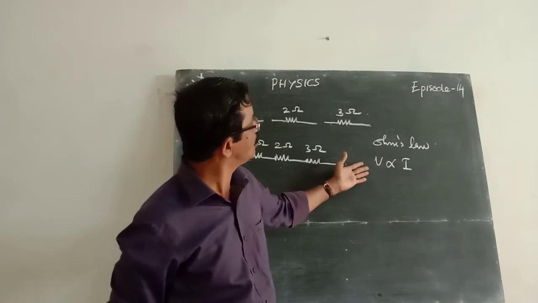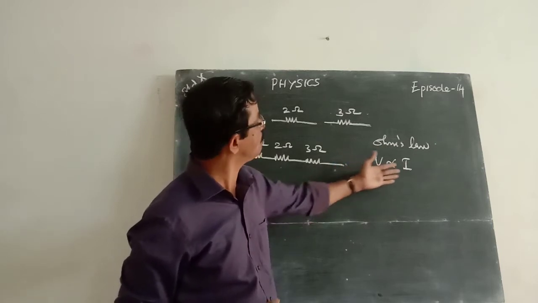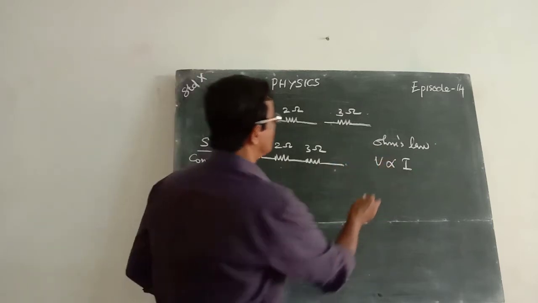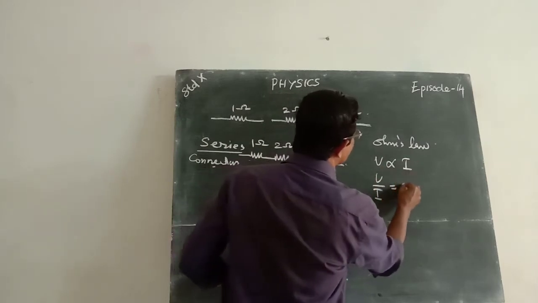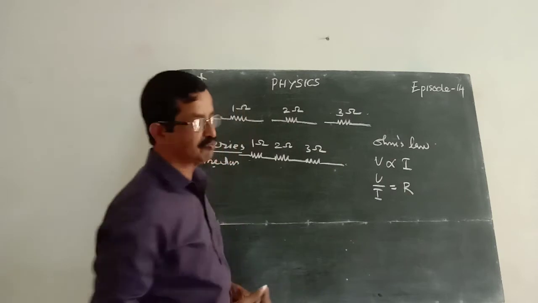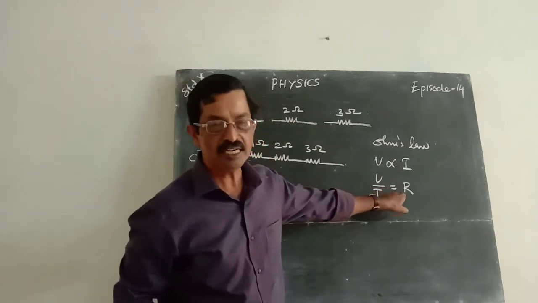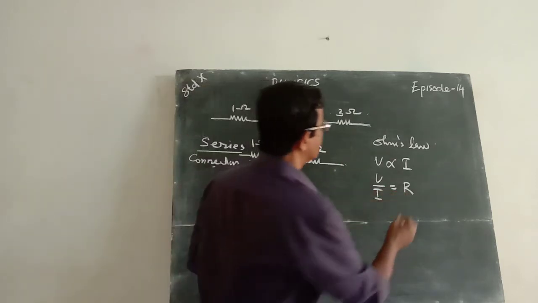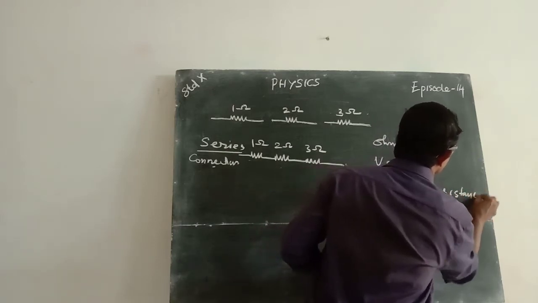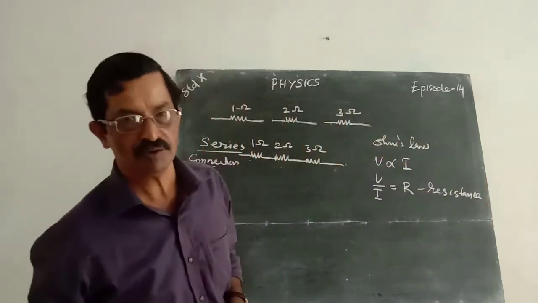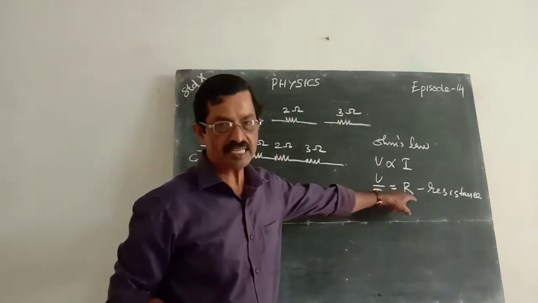From this we know this relation: V proportional to I, or V by I is equal to a constant, and this constant we say as resistance. What is it called?